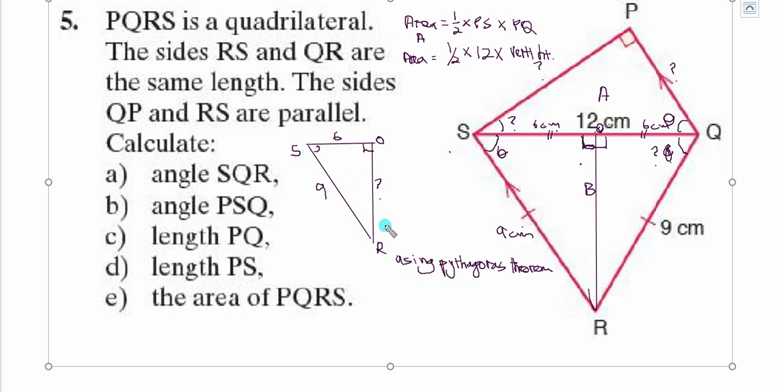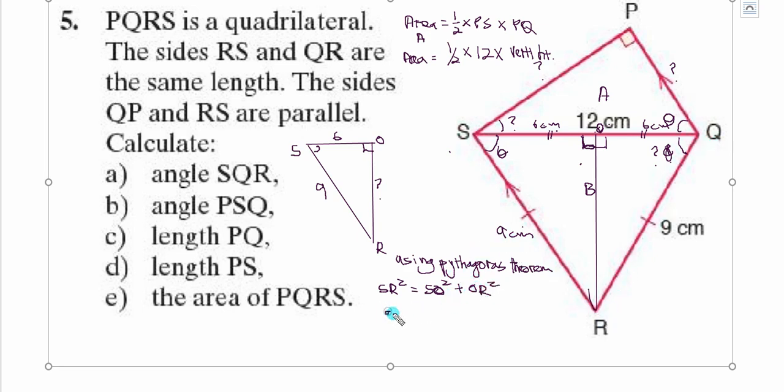So SR, which is the hypotenuse, is equal to SO square plus OR square. We call this one O. What we want to find is OR, which is the vertical height of triangle SQR. So this is actually unknown.